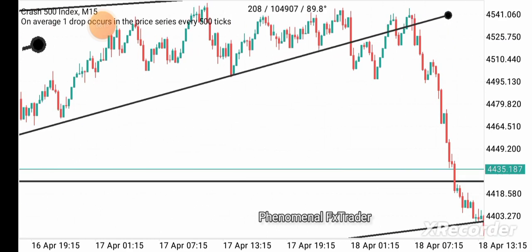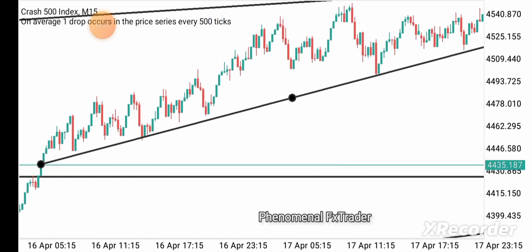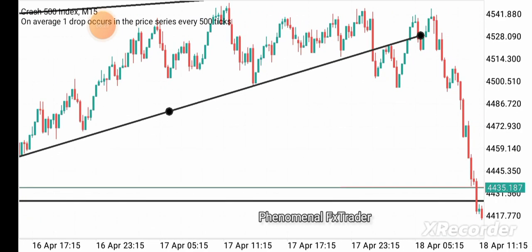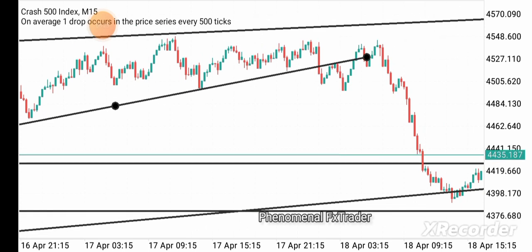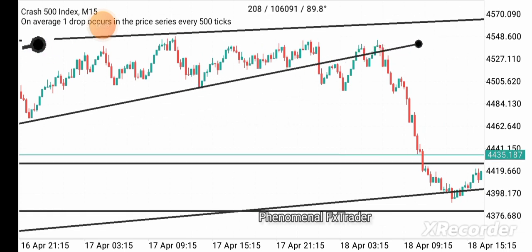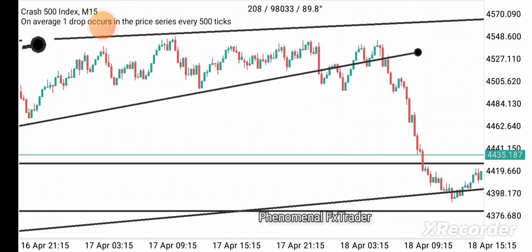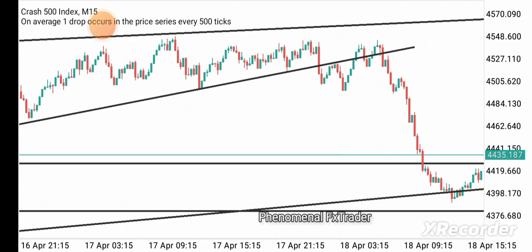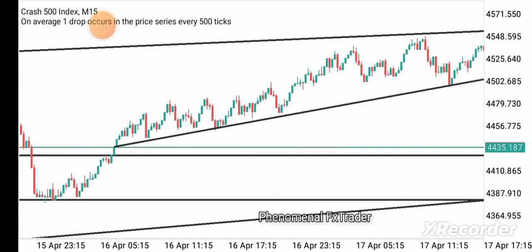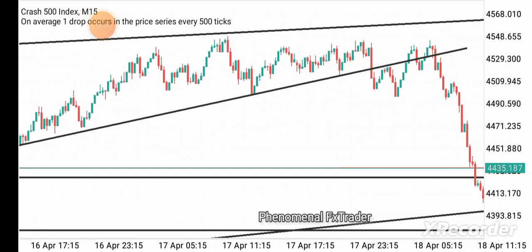See what happened. The market couldn't continue creating higher highs and higher lows at this point. You can see that movement. That's the movement that happened.